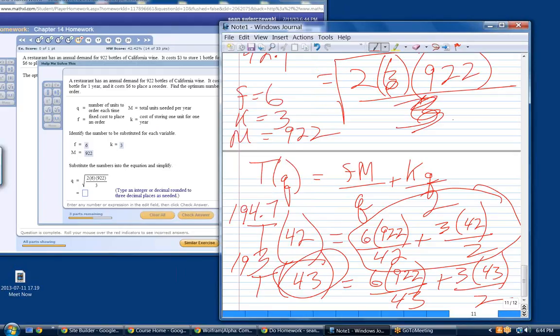Take the square root of 4 times 922 again. That is going to be about 60. I can see it because 4 times 9 is going to be 36. Square root of 36 is going to be 6 something. Let's take 4 times 922, and then take the square root of that.